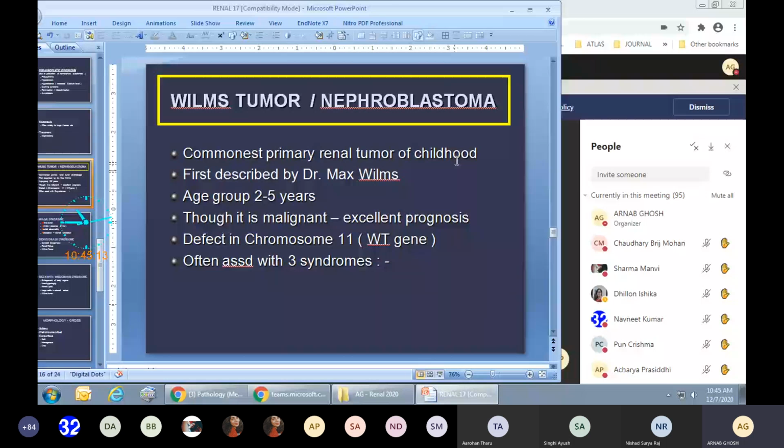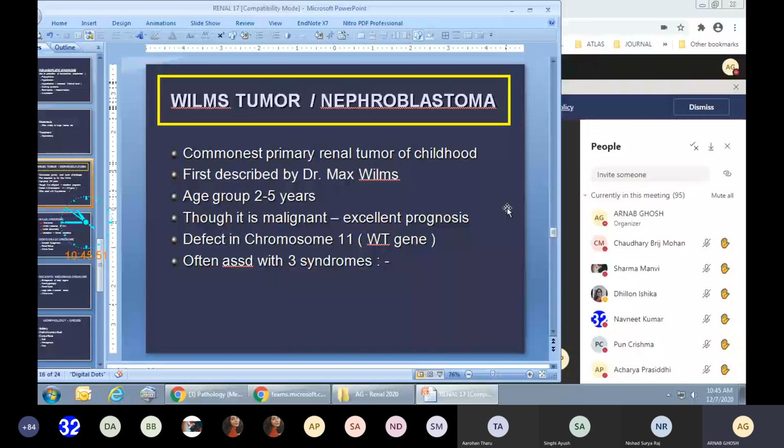There is no word carcinoma in the name. Wilms tumor, and the other name is nephroblastoma. Though the name ends in OMA, it is a malignant tumor. I am repeating this so you don't get confused during exam time. The name is blastoma, but it is actually a malignant tumor. Though it is malignant, it is seen in children, and though it is malignant, the prognosis is excellent. These points are important, and often during exam you get confused about them.